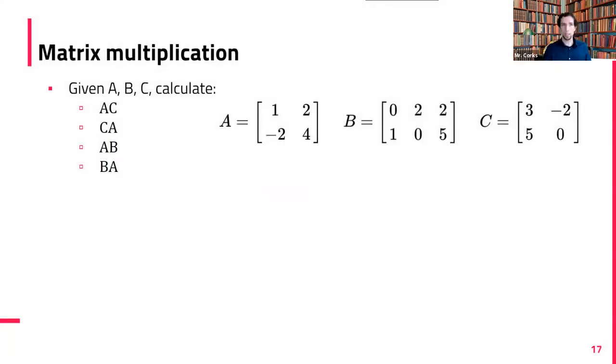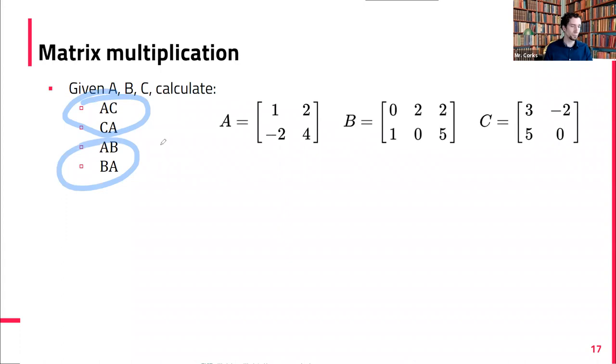We looked at these ones last time. I won't repeat the whole operation. We'll just talk about what we discovered when we looked at what happens when we change the order here. So we calculated A times C, and then after we calculated C times A. What did we notice when we did that? Different results.